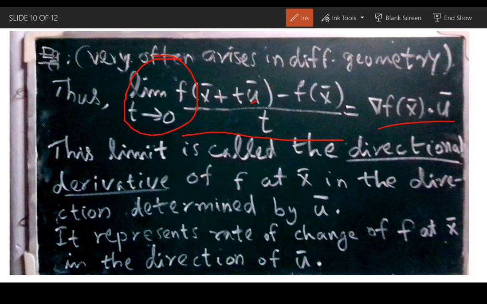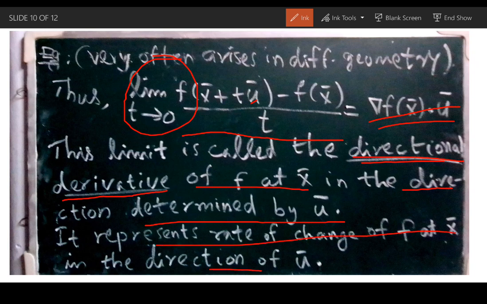That is given by this formula, del f at x dot u. And this limit is called directional derivative because this derivative is determined in a particular direction. That's why it is called directional derivative of f at the point x in the direction determined by the unit vector u. And it represents rate of change of f at the point x in the direction of u.